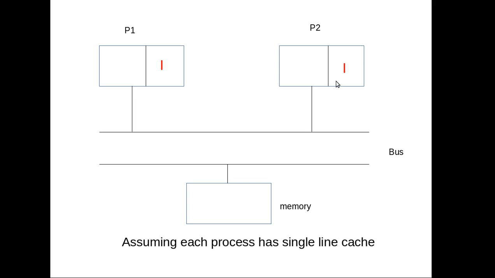And we have a bus. Whenever a process wants to perform operations, it gets control over the bus and performs its operations. Next, let us enter into the example.